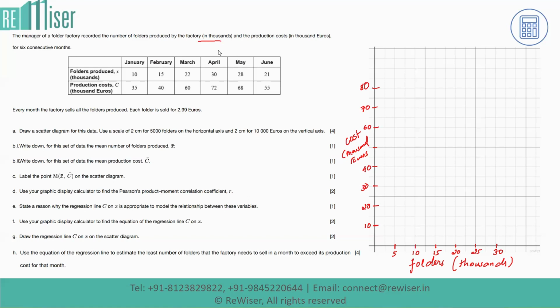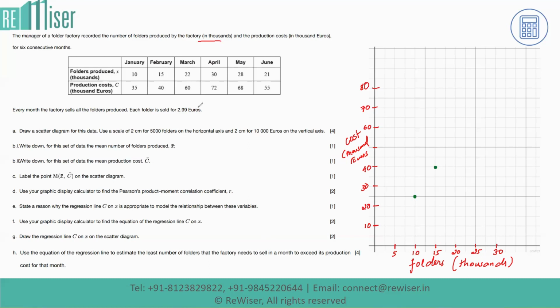Now, when we think about plotting these points, this is how it would look. The first point is (10, 35), so the first point would be here. The second point is (15, 40), so 40 is here.